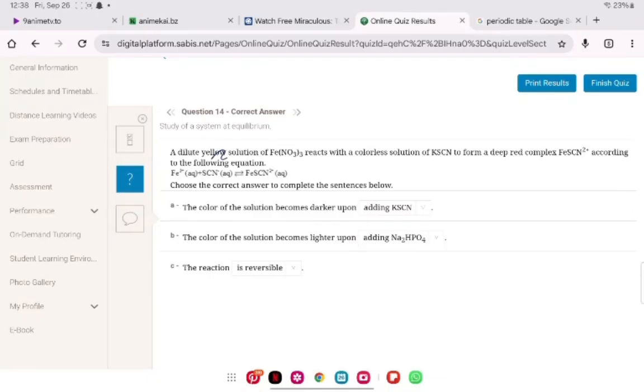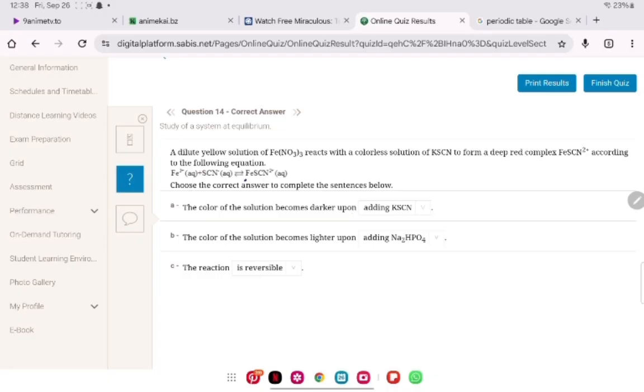So basically they're saying a yellow solution, which is the reactants, reacts with the colorless solution of KSCN to form a deep red complex, FeSCN. They're saying the color of the solution becomes darker upon adding KSCN.